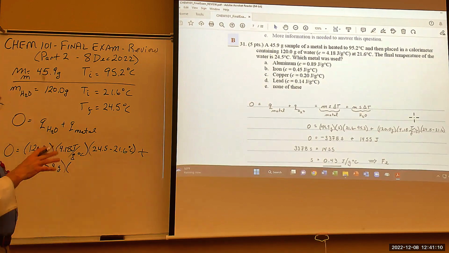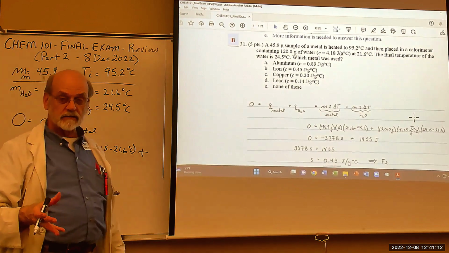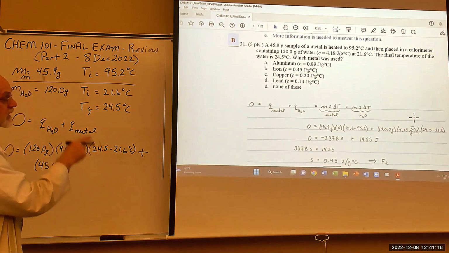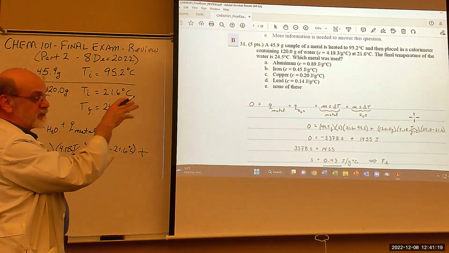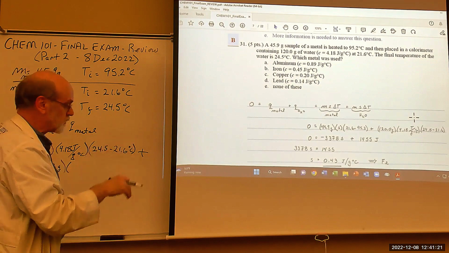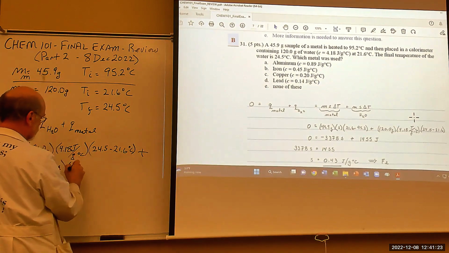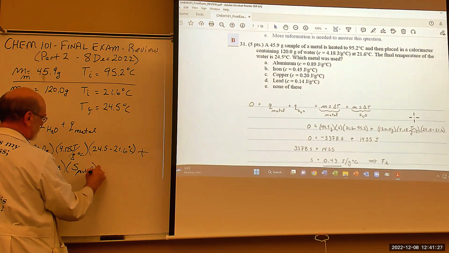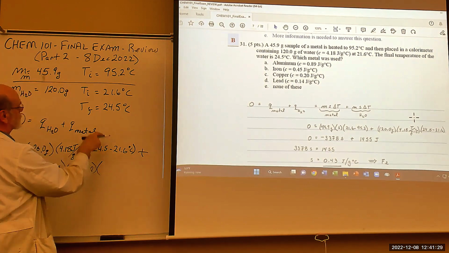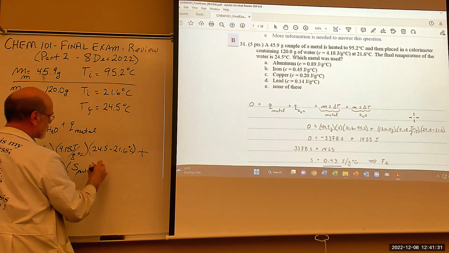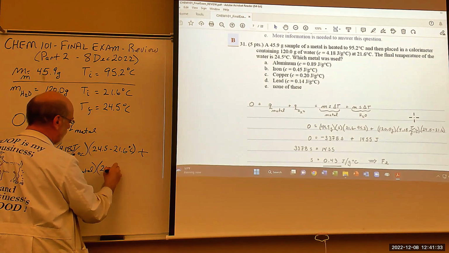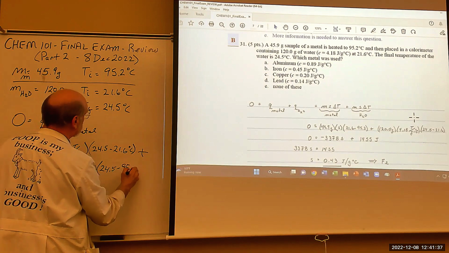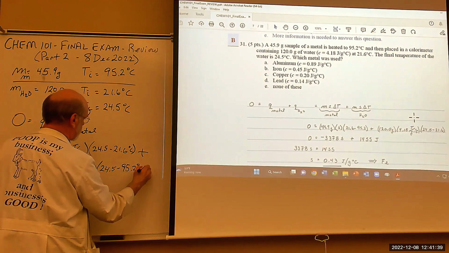And the specific heat for the metal, we don't know. That's what we want to know. What's the specific heat? So we can select from A, B, C, or D to choose the metal. Right? So this specific heat of the metal is our unknown. Temperature change. The final temperature is the same, 24.5, minus the initial temperature, 95.2.